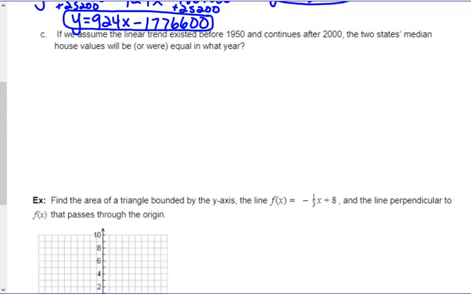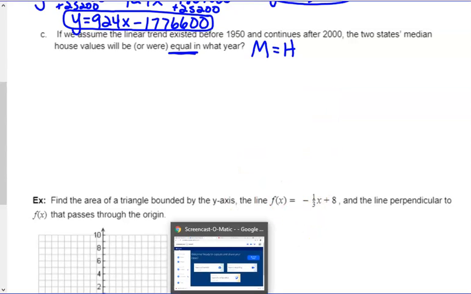The next one says, if we assume that the linear trend existed before 1950 and continues after 2000, the two states' median values will be equal in what year? So when will Mississippi equal Hawaii is what they're asking for. And if they're asking when and what year, we're looking for x, putting the y's equal to each other.